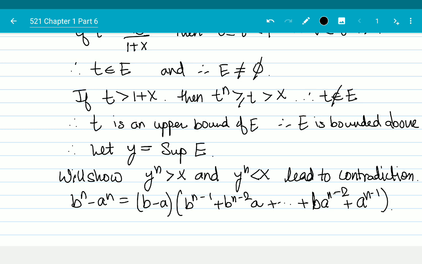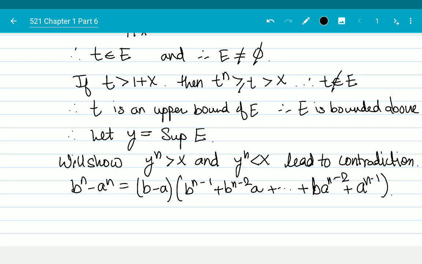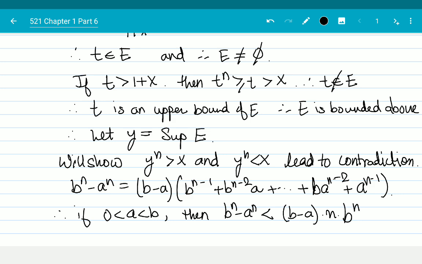Therefore, if I assume that 0 is smaller than A smaller than B, then B to the N minus A to the N is strictly smaller than B minus A times, well, there are exactly N of these terms. The largest one is B to the N minus 1, so all of this is smaller than B to the N minus 1.